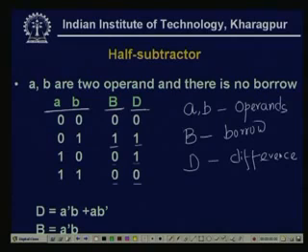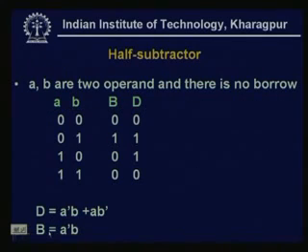Now, from this truth table we can draw the Karnaugh map, one for B and one for D, and we will get the expression for D and B. In this way we get D equal to A dash B plus A B dash.